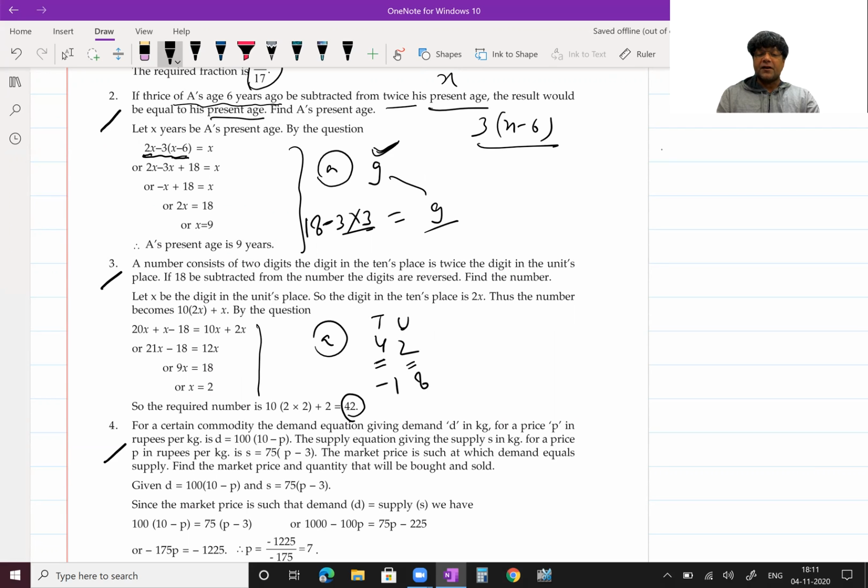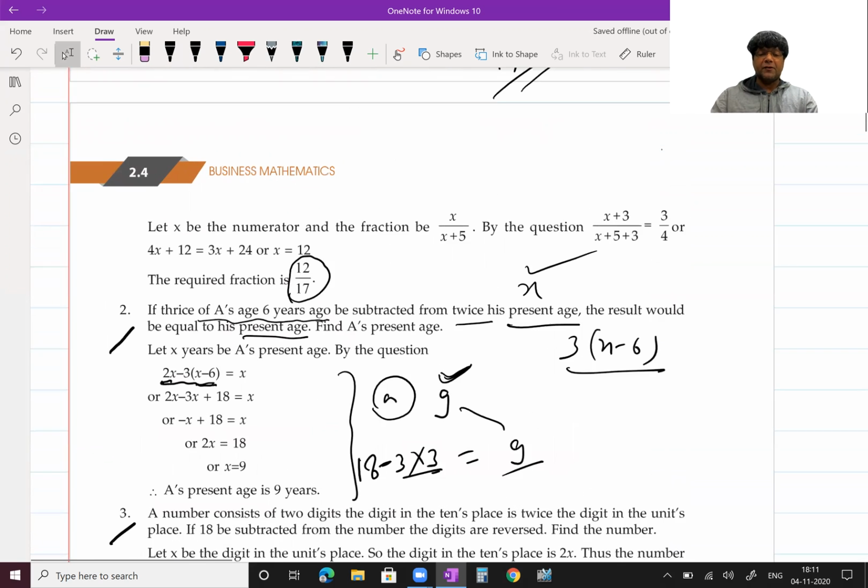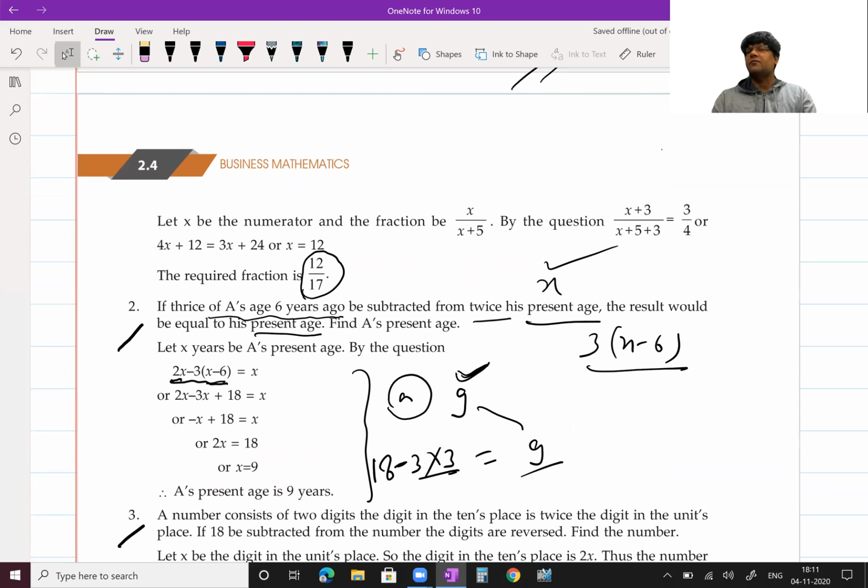That means if I subtract 18 from this, the digits are reversed. See how much I am getting: 12 minus 8, 4. 3 minus 1, 2. Is 24 the reverse of 42? Yes. So this is the answer. Guys, this way you people will have to do. Or if you are loving the original method, you can go by the original method also. Your choice, guys.